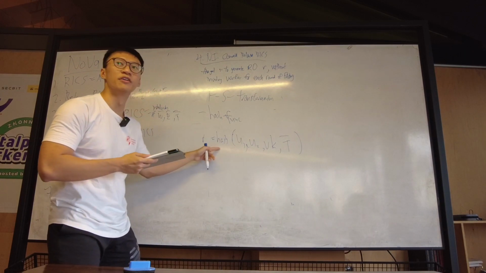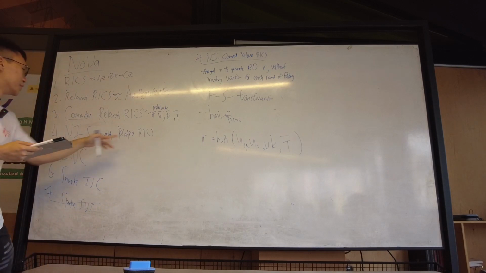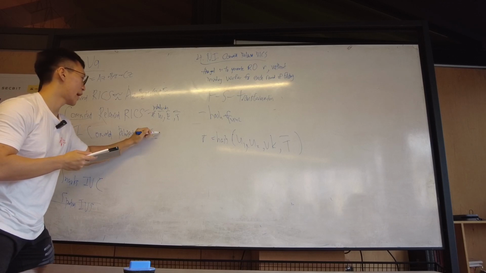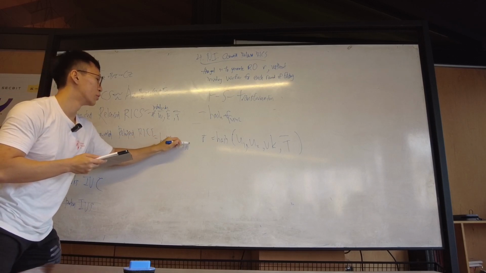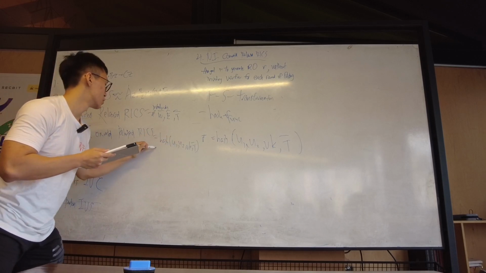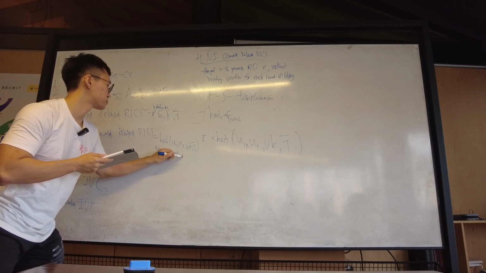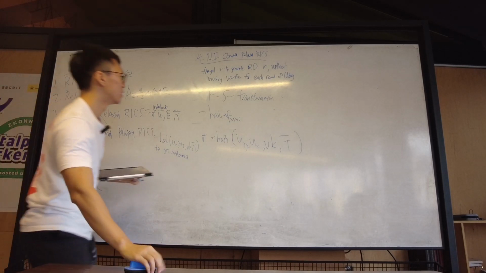Why can't you just type this out? How hard is it? So yeah, there you go. So the takeaway of this part is basically: hash of U1, U2, VK, T bar to get the randomness. Cool.